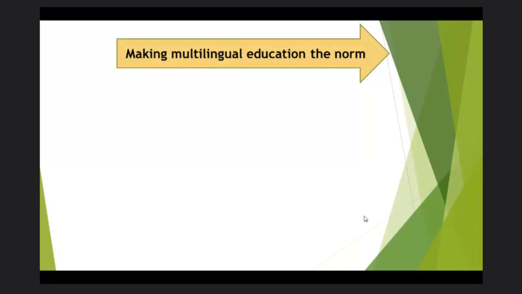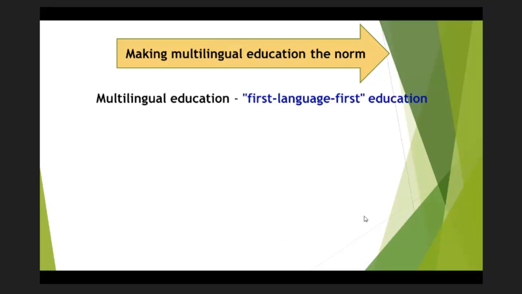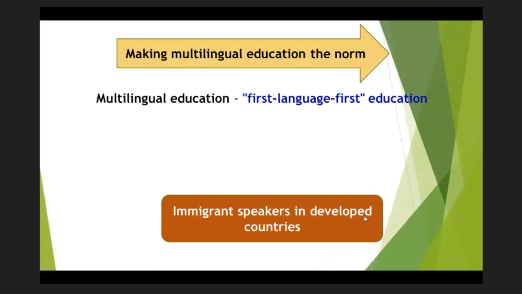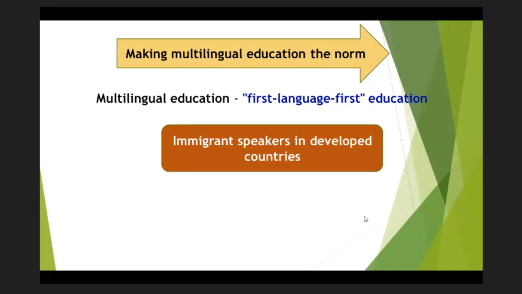This is how to make multilingual education the norm. When we mention multilingual education, we mention first language first education. It is used for speakers from immigrant parents in developed countries.